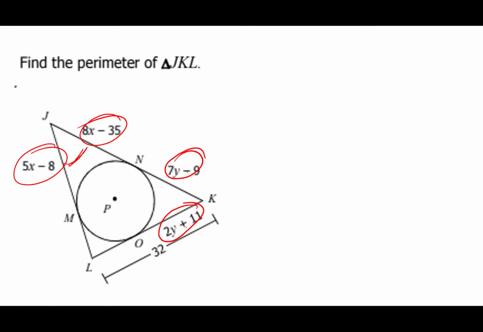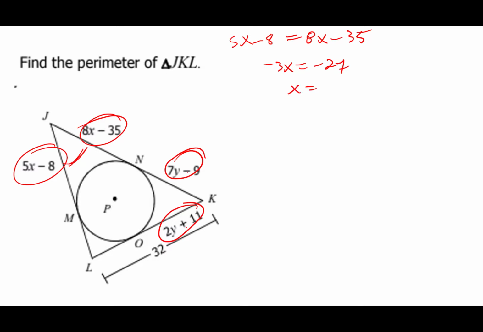To do that part first, I'm going to have 5x minus 8 equal to 8x minus 35. Solving, I bring 8 to the right and 8x to the left, and I get negative 3x equal to negative 27.